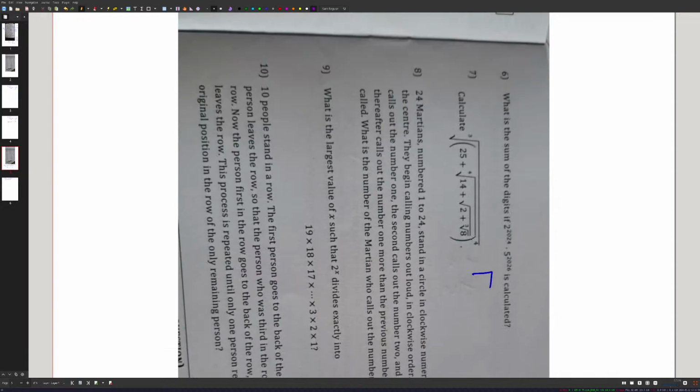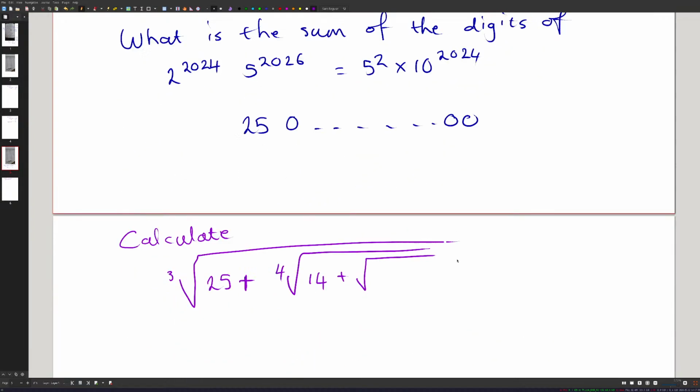How is this going to be a nice, normal number at the end? Oh, that's fine, because the cube root of 8 is 2, and then the square root of 4 is 2, and then the fourth root of 16 is 2, and then the cube root of 27 is 3.